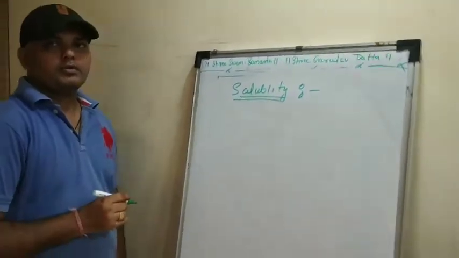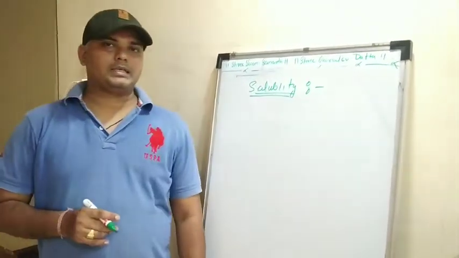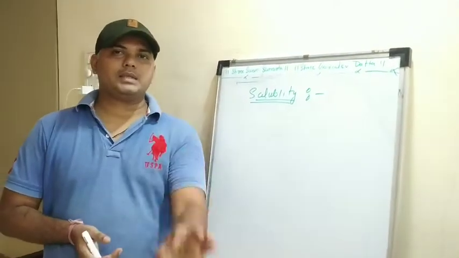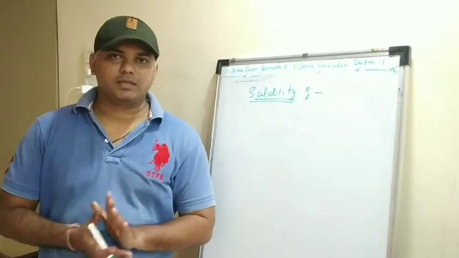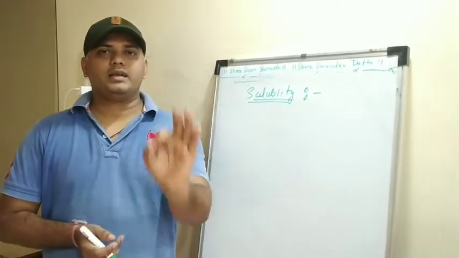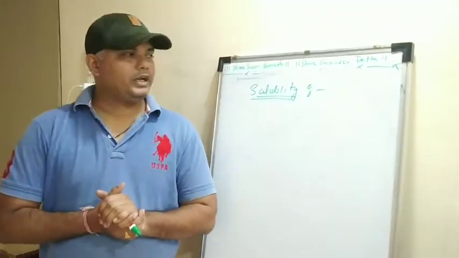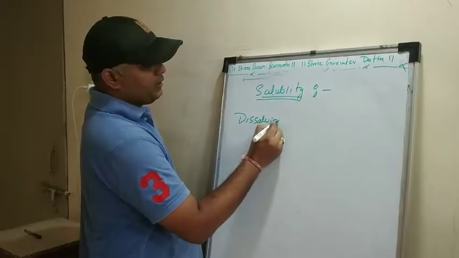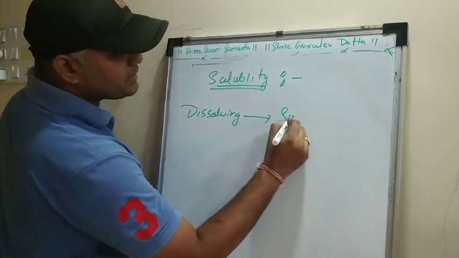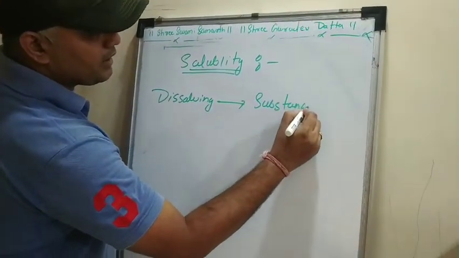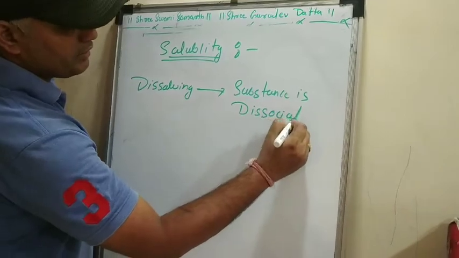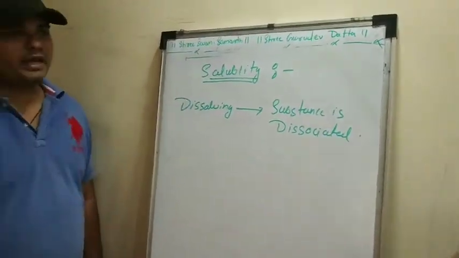From your earlier classes, you had learned what solubility is. Solubility means what? When one substance gets dissolved in another substance, we say that it is soluble, right? Dissolving means the substance is getting dissociated.